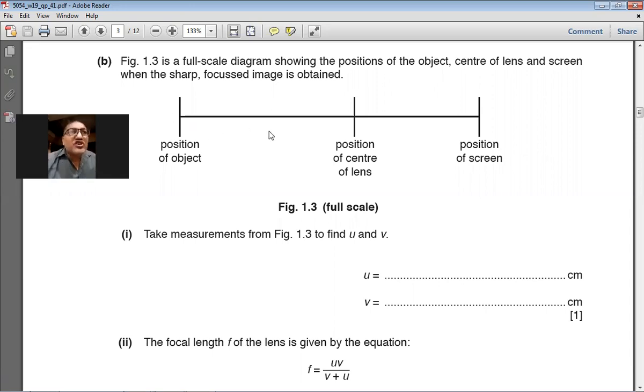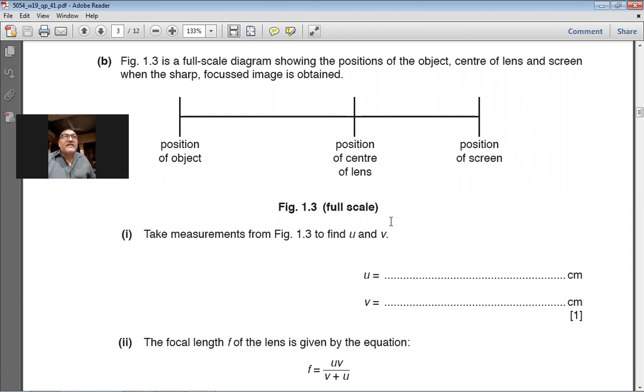You know u is this distance, the object from the lens. So put a scale here and measure this length. I put it and found it to be 6 centimeters. So here you will write 6 centimeters. Then with the help of the scale, check the distance between the lens and the screen. That will be your v.